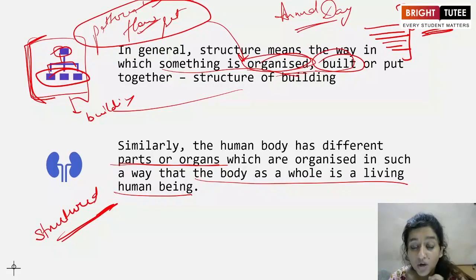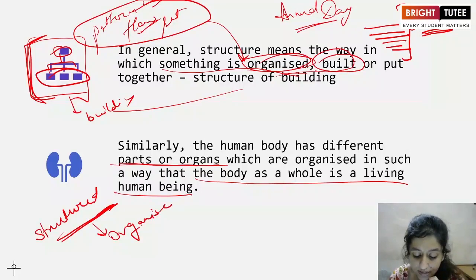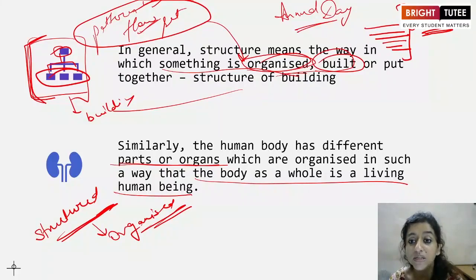It is structured, or rather organized, in a way that one part of our body complements the other part of the body, and that is how the whole human body works and the human being survives.